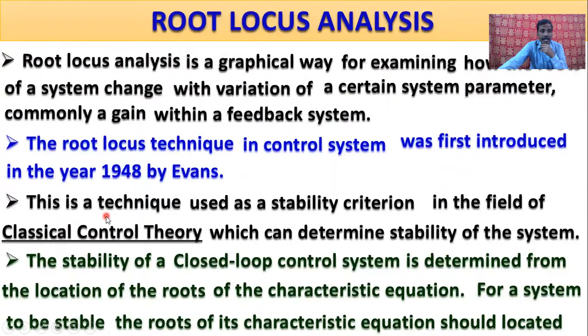So first calculate the roots of the characteristic equation and determine the stability of the system. For a system to be stable, the roots of its characteristic equation should be located in the left-hand side of the S-plane.